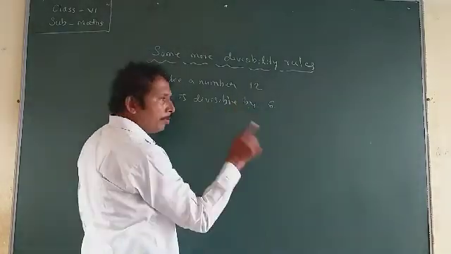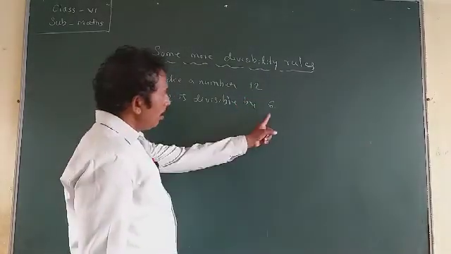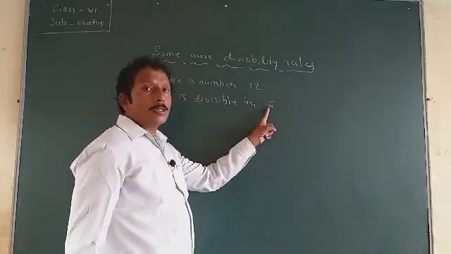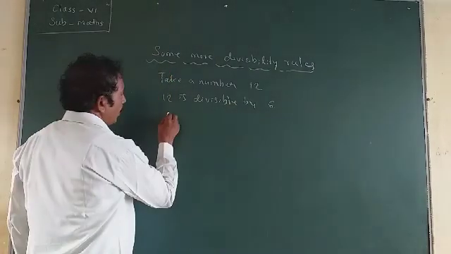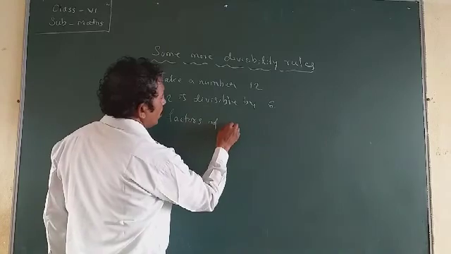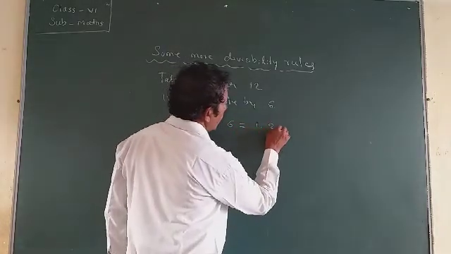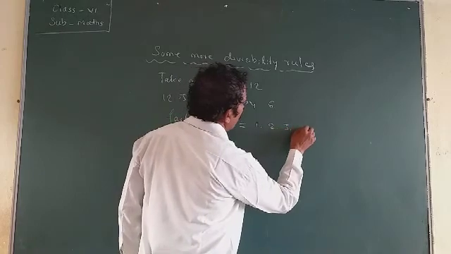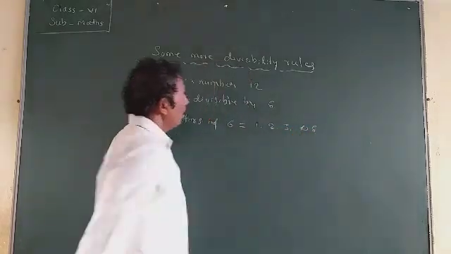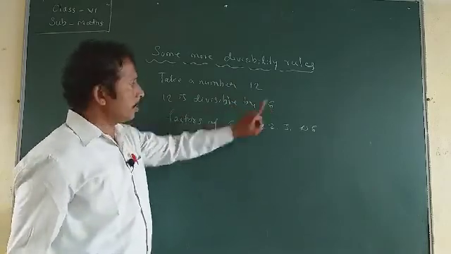Now we can divide this number 12 by each factor of 6. Factors of 6 are 1, 2, 3 and 6. Already the given number 12 is divisible by 6.